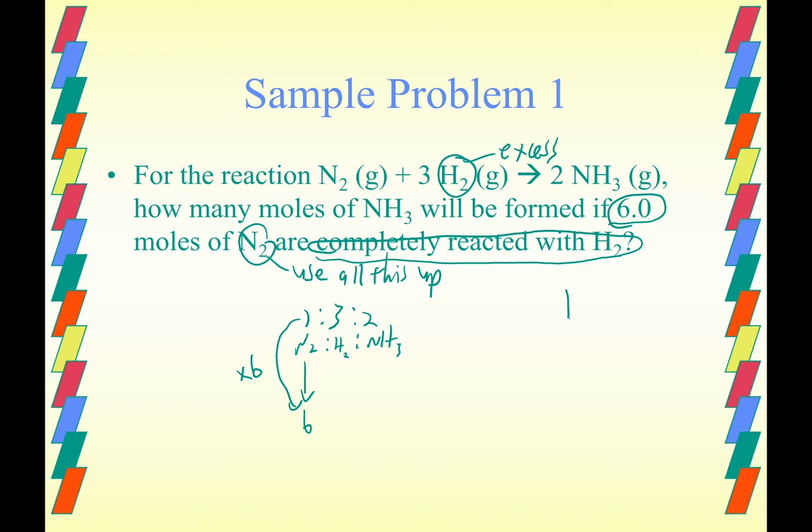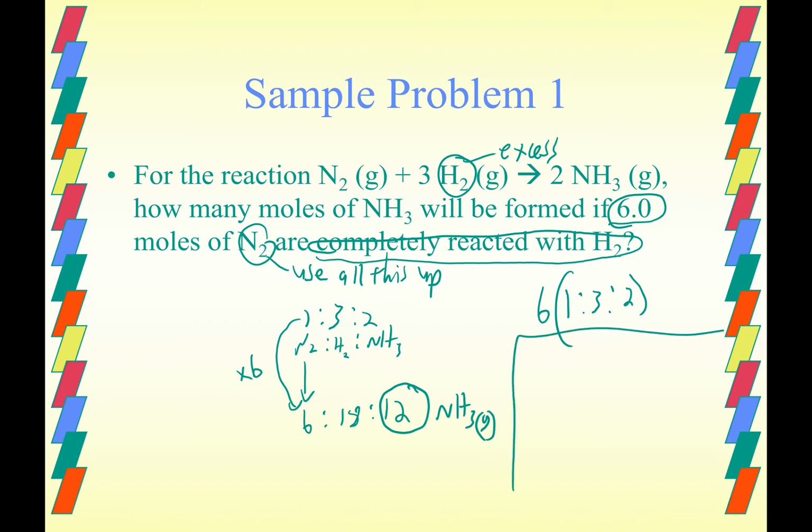So really what we're going to do is take this ratio and multiply it by 6. We'll multiply this across. 6 times 3 would give us 18, and 6 times 2 would give us 12. So we would form 12 moles of ammonia gas by reacting 6 moles of nitrogen completely with hydrogen gas.